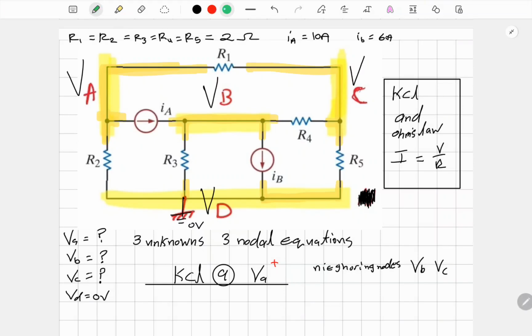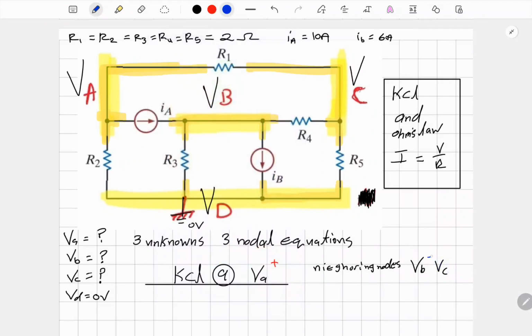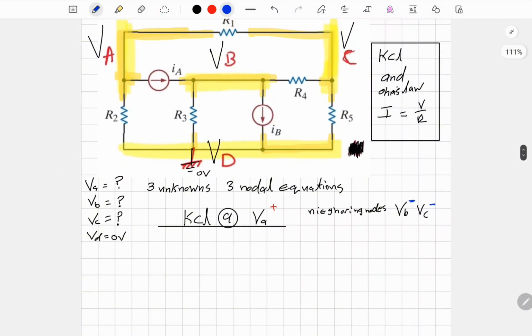And I'm not actually going to be writing anything at all for VD because it's 0. We don't need to include that in our equation. Anything that's multiplied by 0 is 0. So the neighboring nodes for this are VB and VC, and those are going to be negative.